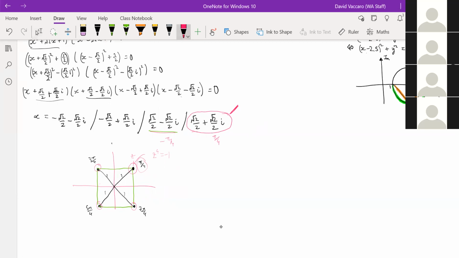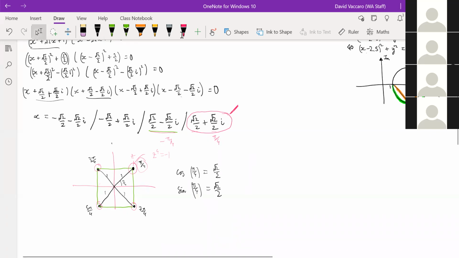These two numbers, root 2 over 2 and root 2 over 2, we can think of them as the sine and cosine of pi by 4. So we've proved this very familiar result.